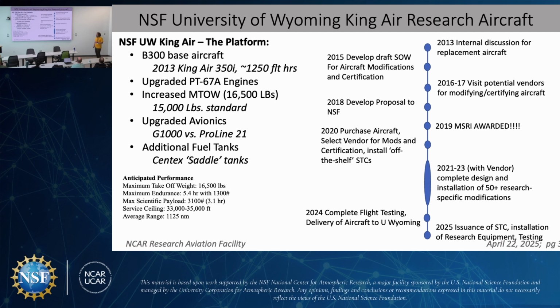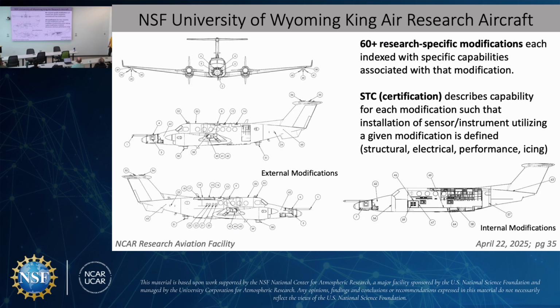And the aircraft was delivered to the University of Wyoming in late 2024. And the latest news is just last week, we were issued our supplemental type certificate for all of these modifications and the provisions associated with them, which will allow us now to begin certifying instruments on the aircraft and testing, which we expect to continue through this year.